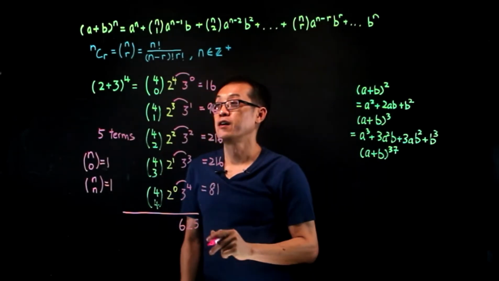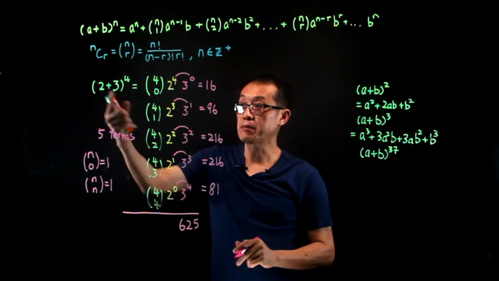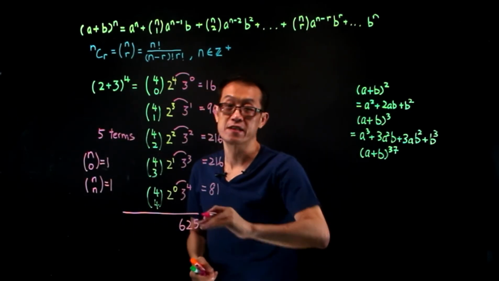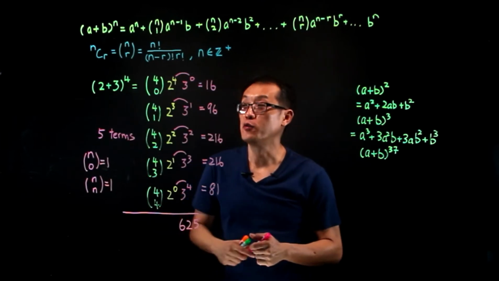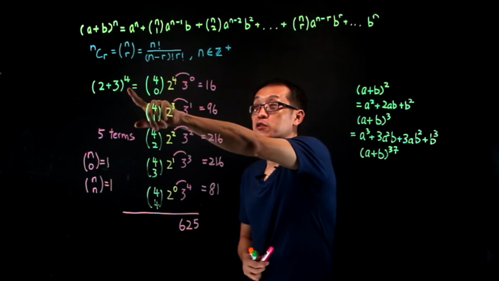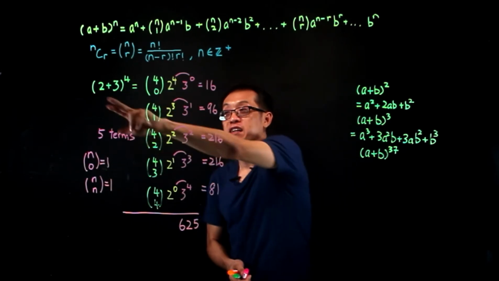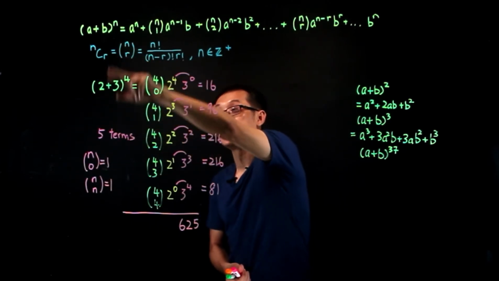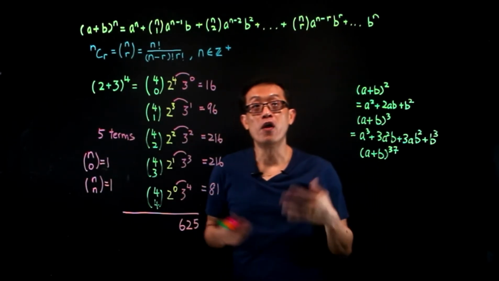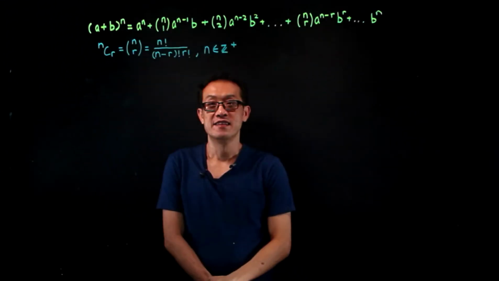And you can verify by doing 5 to the power of 4, you find that this is 625. So we have verified that the theorem is true for n equals 4, and when a is 2 and b is 3. Now let's move on to another example.